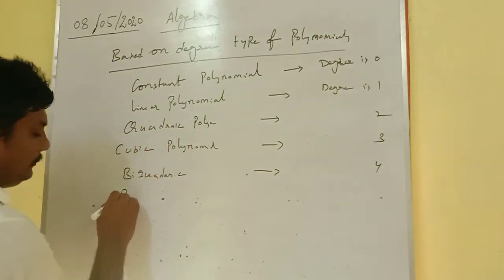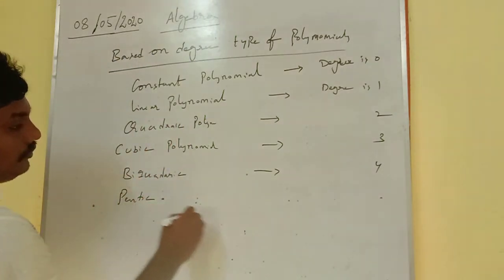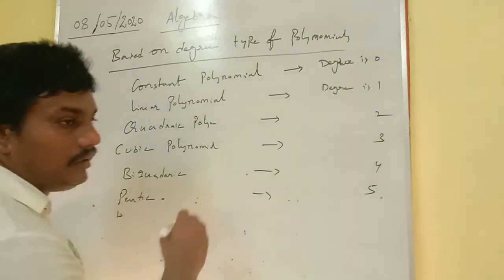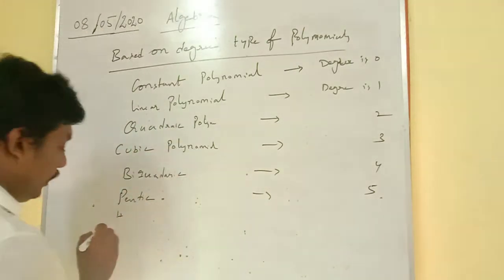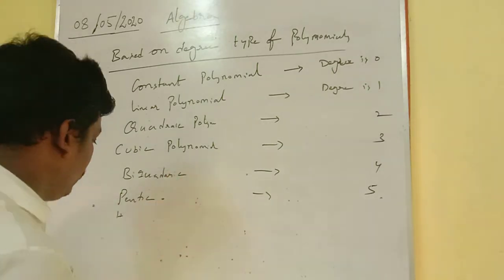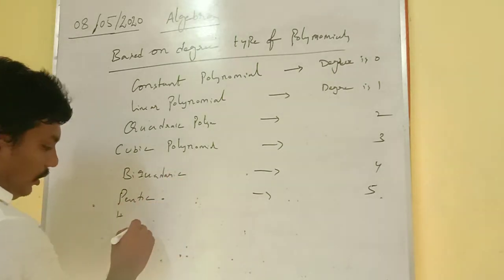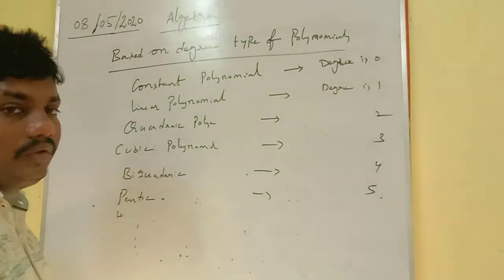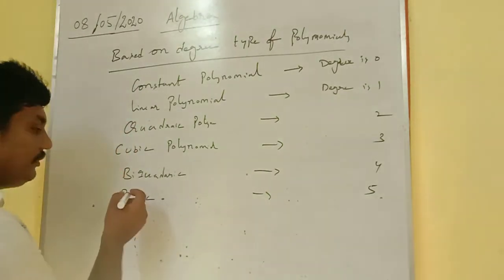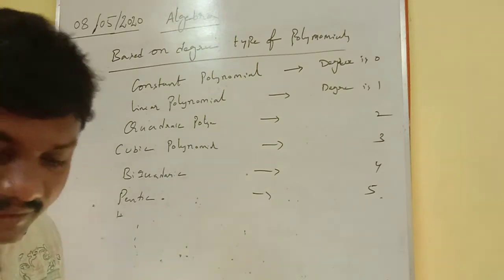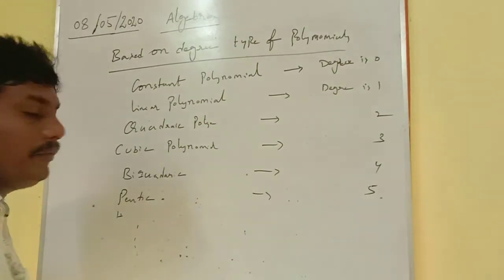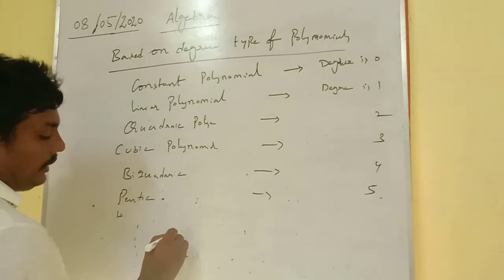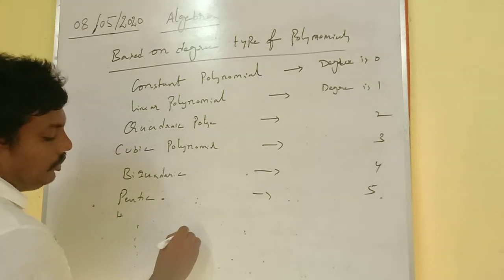Next, pentic, degree 5. Next hexic, hepta, and so on, decic polynomial. After that, we can take a 5th degree polynomial, 6th degree polynomial, 7th degree polynomial. So simply we can take an nth degree polynomial.